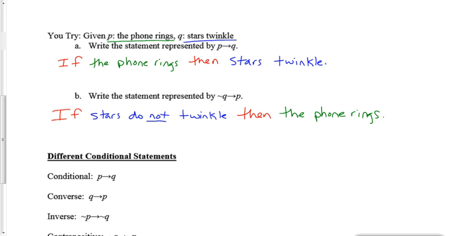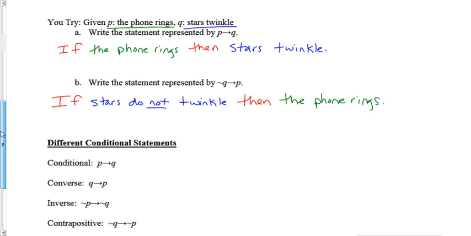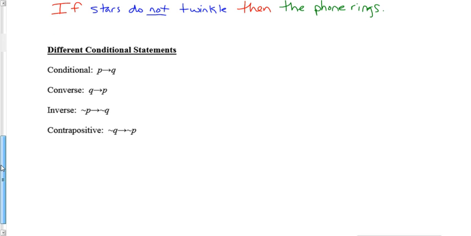I'm moving on to the different conditional statements. These, again, are things that you need to memorize. We need to know what these mean. If I start with any conditional statement, P is my hypothesis and Q is my conclusion, then whenever I want to talk about the converse of any conditional, what happened with my P and my Q?